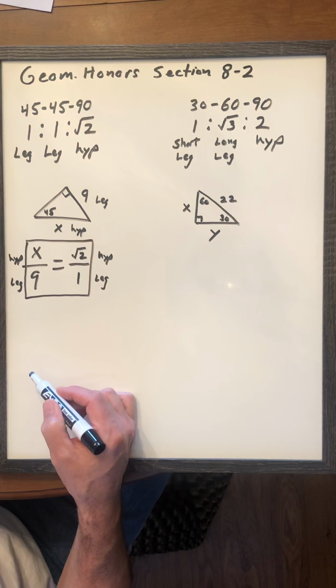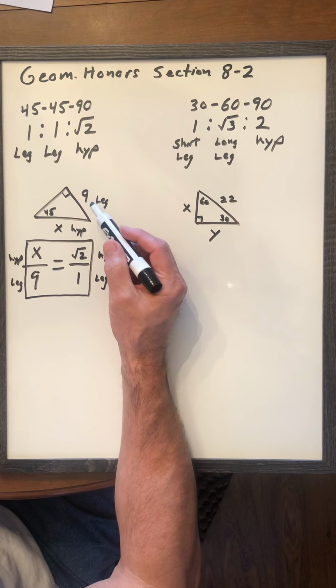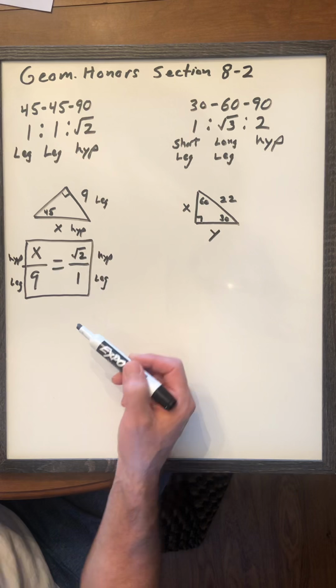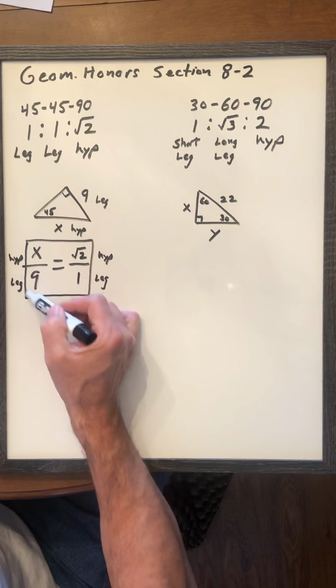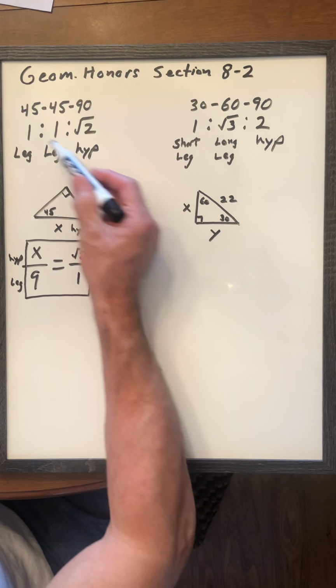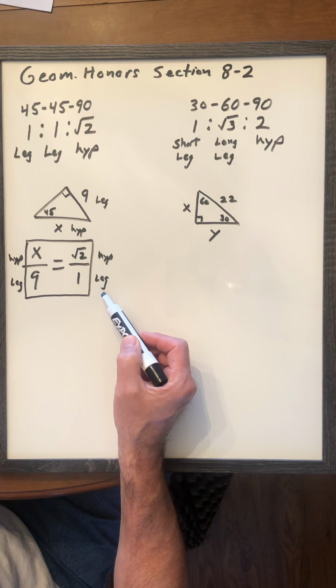This fraction came from the diagram, and like I said, it doesn't matter if you go X over 9 or 9 over X. One fraction comes from the diagram, and the other fraction that it's equal to comes from your ratios, and you just have to stay consistent on both sides.